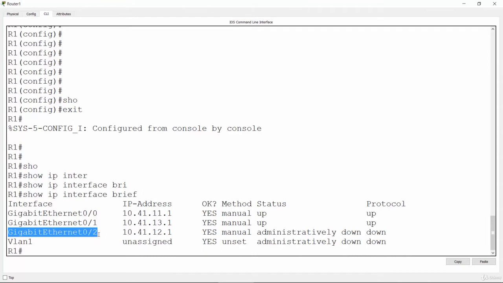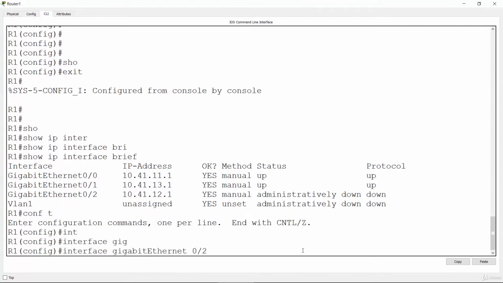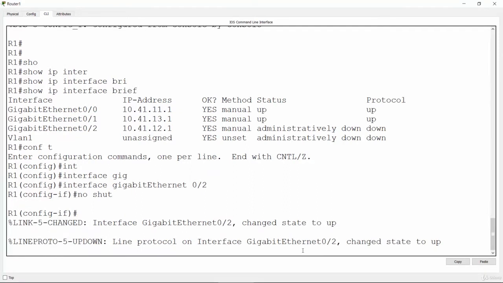The status of this port is still administratively down, which shows me that I forgot to type no shut. Gig0/2 and no shut.